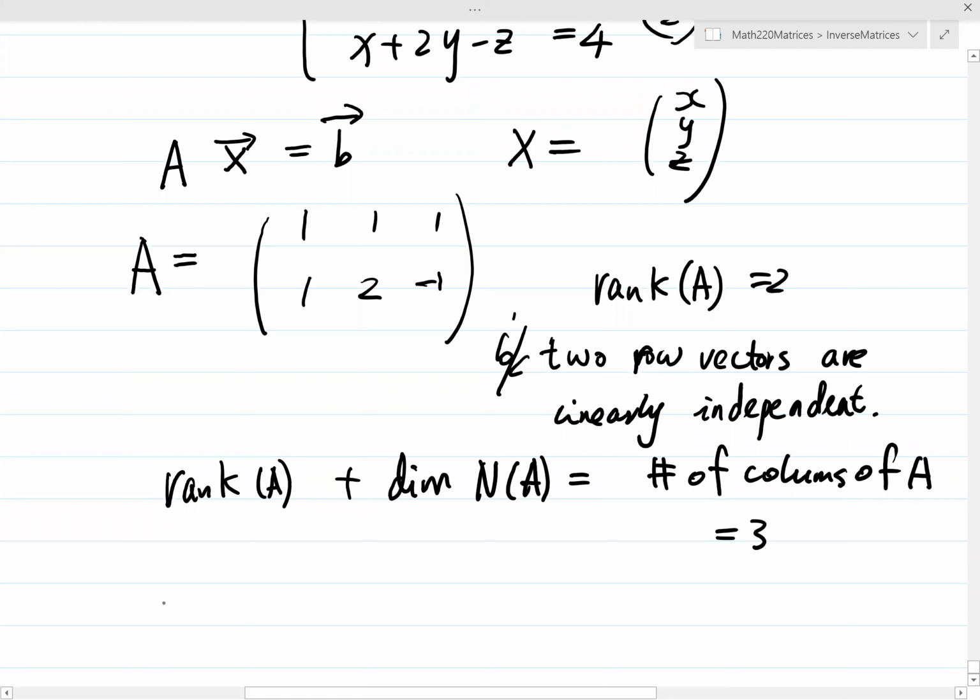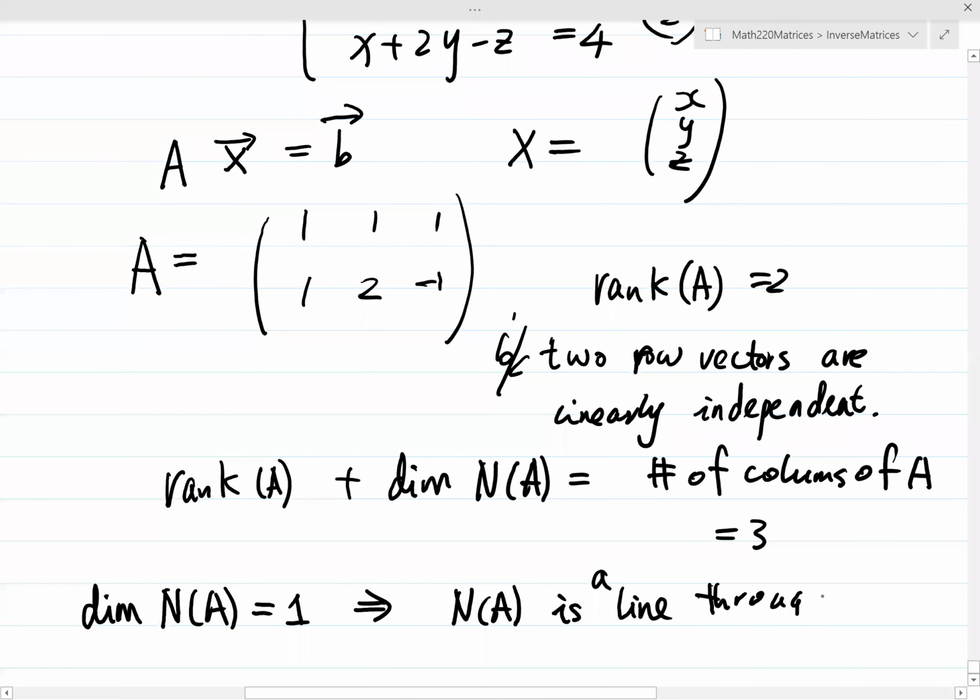So the null space is a line through the origin, through 0, 0, 0 in a certain direction.